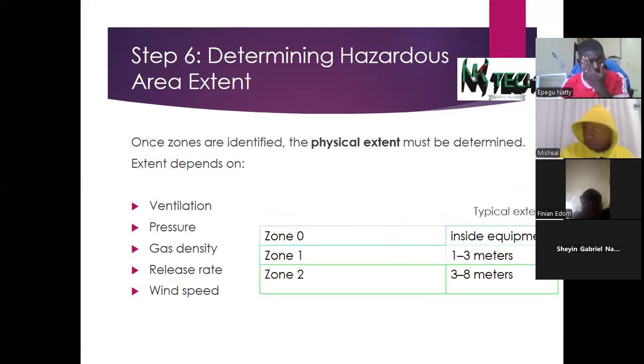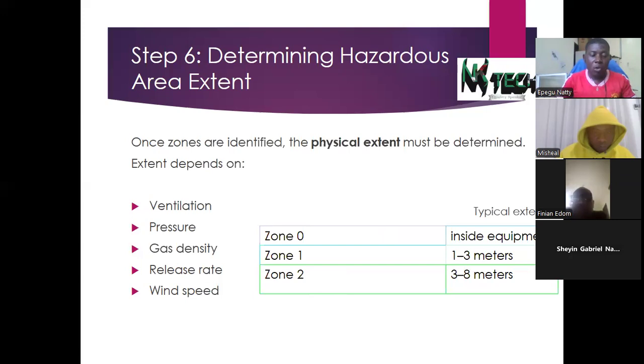Okay, so the essence of your zone is very simple. Like I mentioned, your zone 0 is inside your vessel. As you can see here, zone 0 is inside the vessel. Your zone 1 is just 1 to 3 meters at the location where your activity is going on.